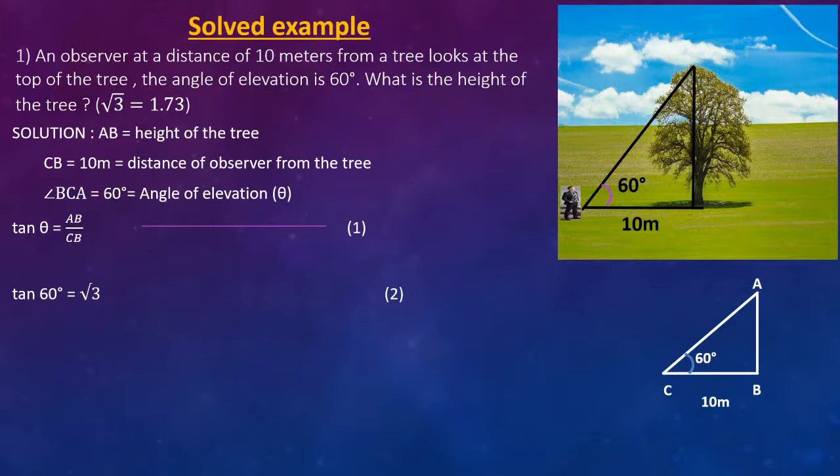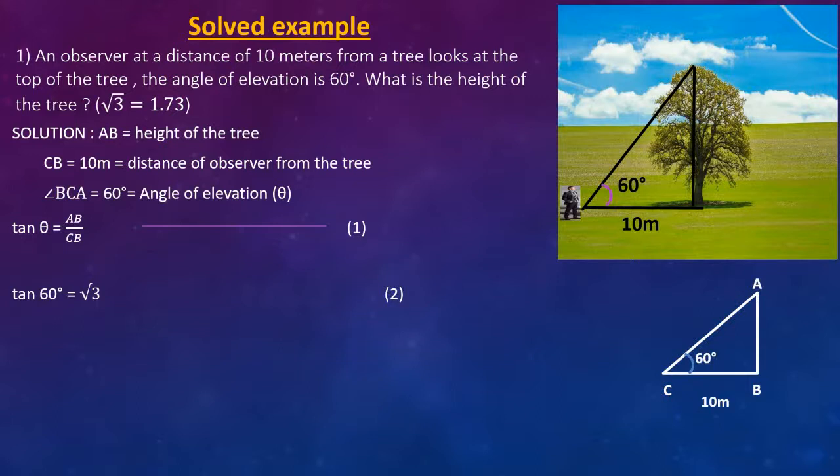So which trigonometric ratio is related to AB and CB? The ratio related to AB and CB is tan theta. AB is the opposite side of theta and CB is the adjacent side. The trigonometric ratio tan theta is opposite side upon adjacent side. So we are going to use tan theta here.